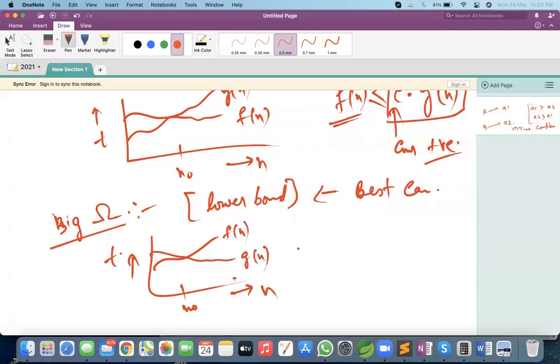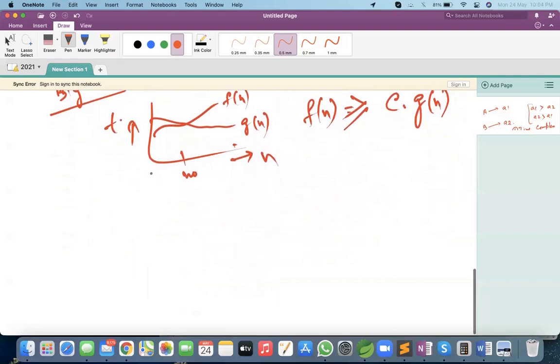So it determines the minimum time required to finish the algorithm. Okay, so what will be the equation? f(n) will be greater than or equal to C multiplied by g(n). Means this is the minimum time it requires to finish its job. Okay, this is big omega.